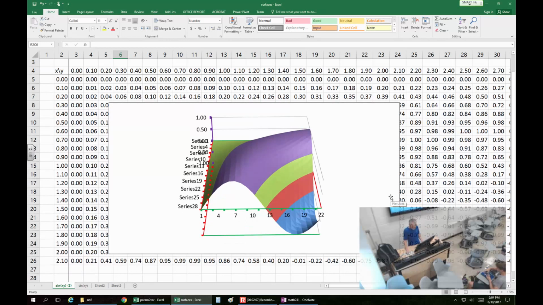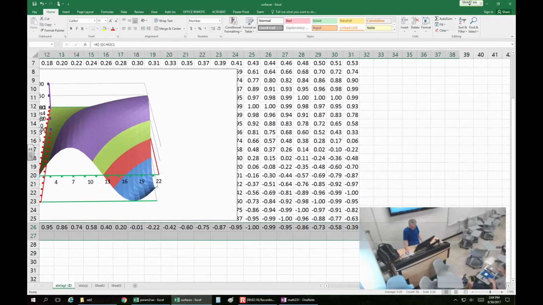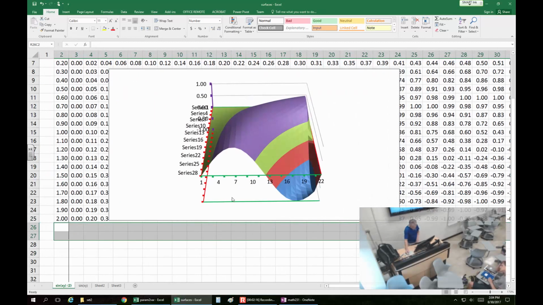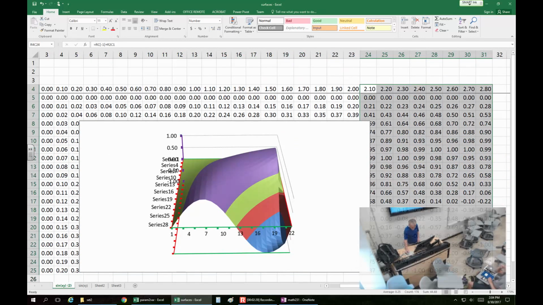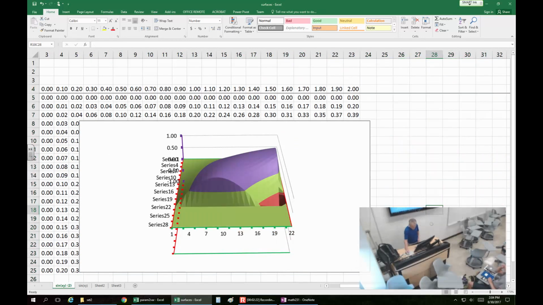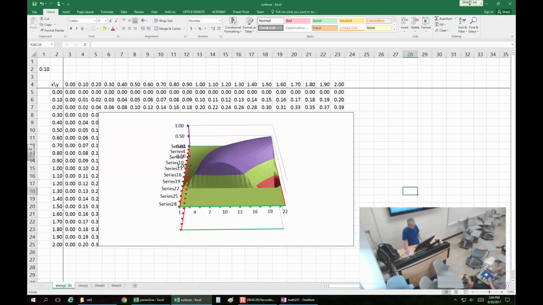Okay, so let me make it slightly smaller so it would fit. I will be producing a similar table to the right of it.